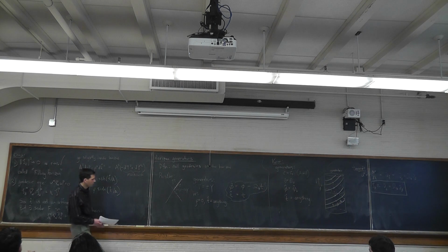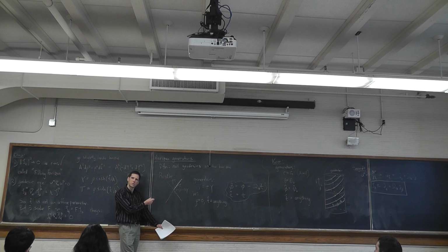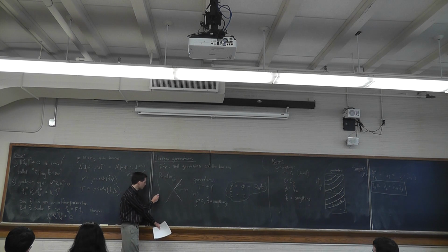So what's happening here is that if we're talking about time-like geodesics, then the geodesic equation in this nice form is true if you parameterize the curve by the proper time. It's not true if you use some other random function to parameterize your curve.